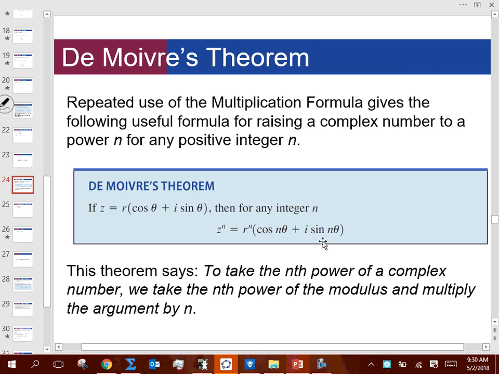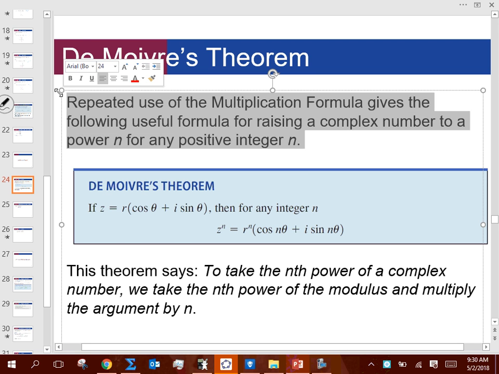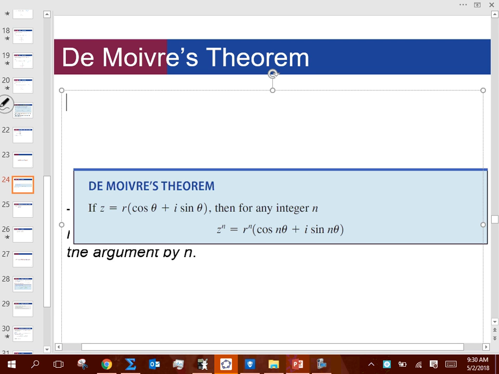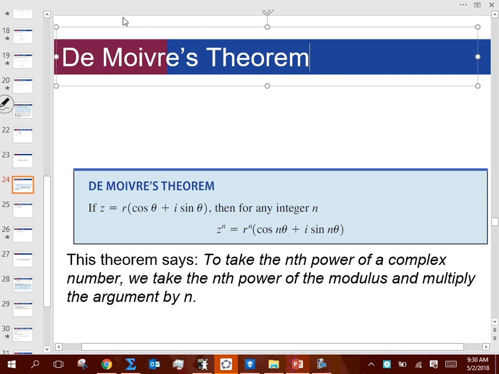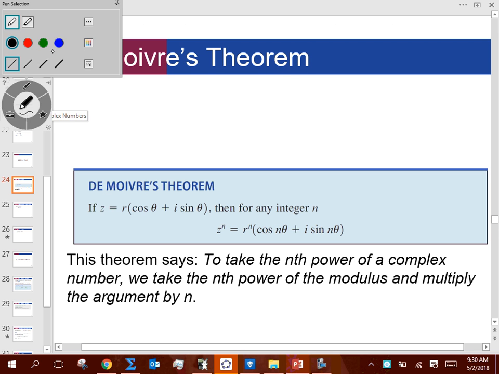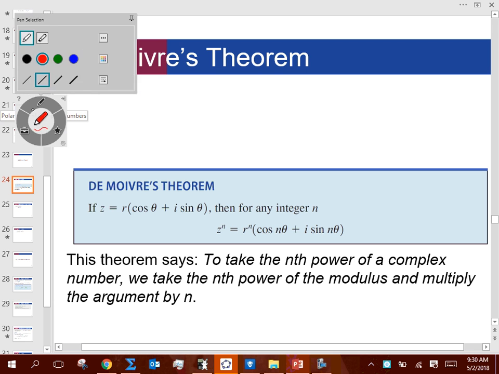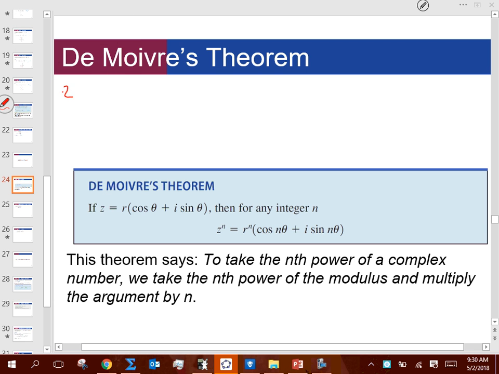So before we get into defining De Moivre's theorem, let me give you an example of what I'm talking about here. If I say z is equal to 2 cis of, I'll just go pi over 4 and make it easy, and I ask you find z to the 8th.